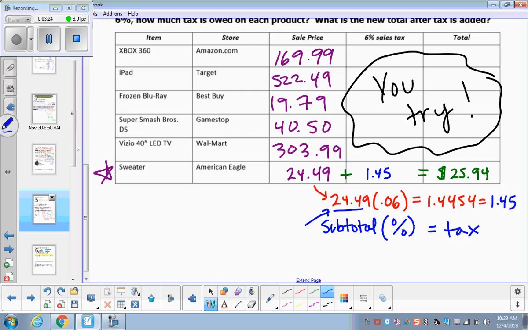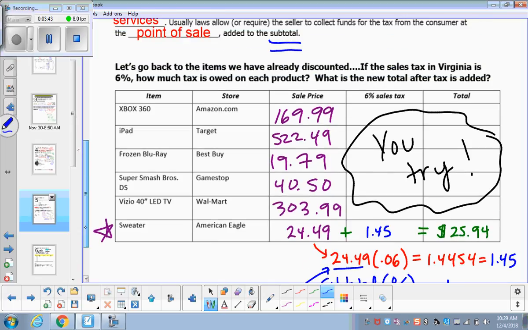So if we multiply $24.49 by 0.06, we get that the sales tax would be $1.45, and all we have to do is add that $1.45 to get the actual cost of the sweater, $25.94. All you have to do to calculate tax is multiply each of these purple numbers by 0.06. Round it to the nearest hundredth, and that's your tax.